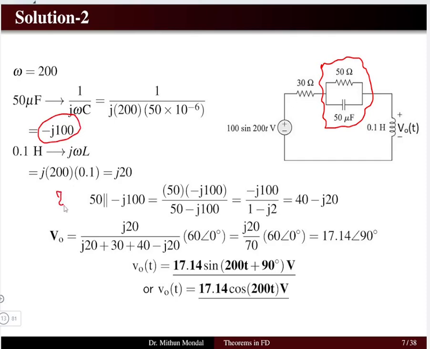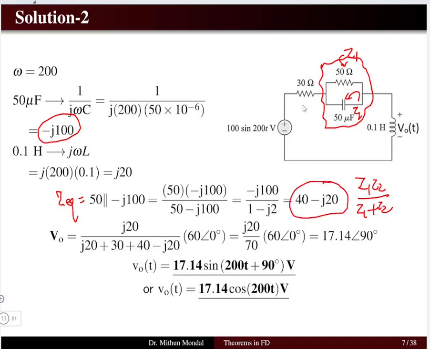So for the equivalent impedance of the parallel combination, we can use Z1 Z2 by Z1 plus Z2, where Z1 is the resistance 50 ohms and Z2 is basically the capacitor value. Now we have obtained the equivalent impedance, which is 40 minus J20.